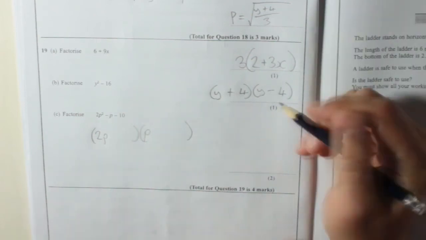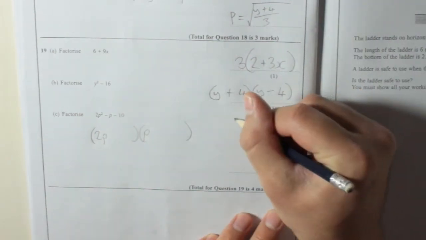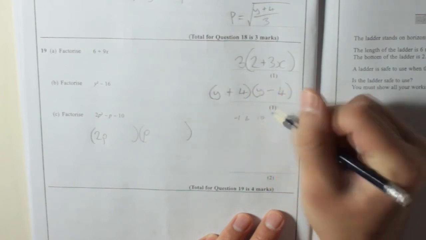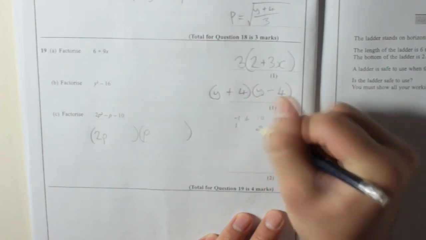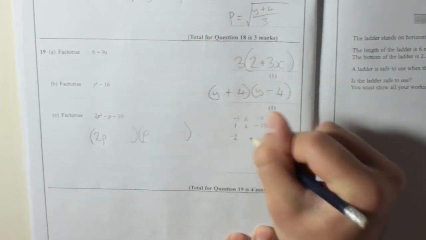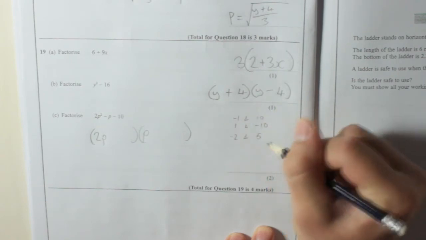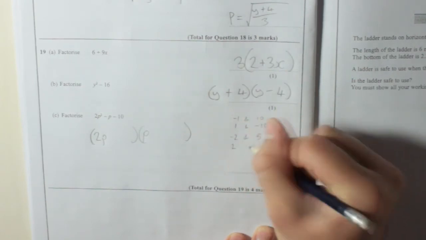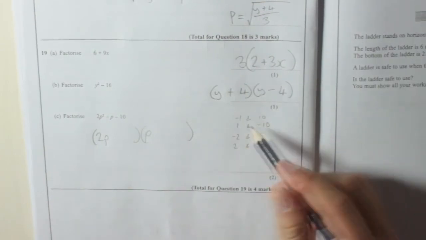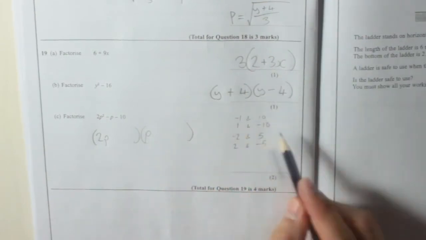Okay, so our only possibilities are minus 1 and 10, or 1 and minus 10, or minus 2 and 5, or 2 and minus 5. They're the only possibilities, the only ways you can get minus 10, by multiplying these numbers.